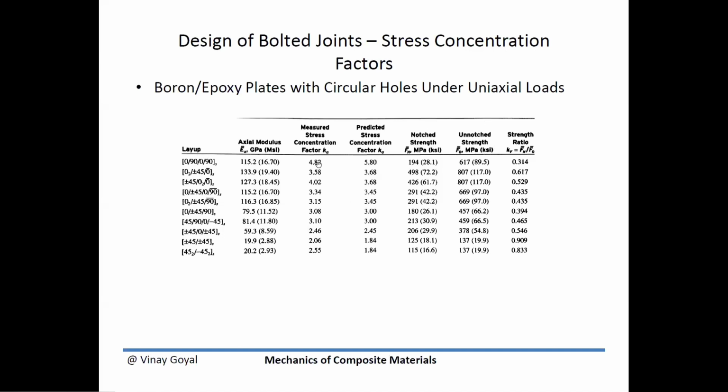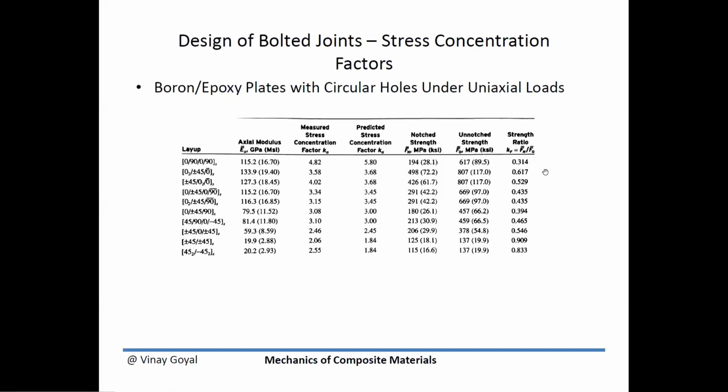Here you have a huge drop in strength ratio because this layup stacking sequence has a measured higher stress concentration factor. So the stress concentration factors directly correlate to the finding that the notch strength compared to the unnotched strength can significantly impact the performance of the structures.